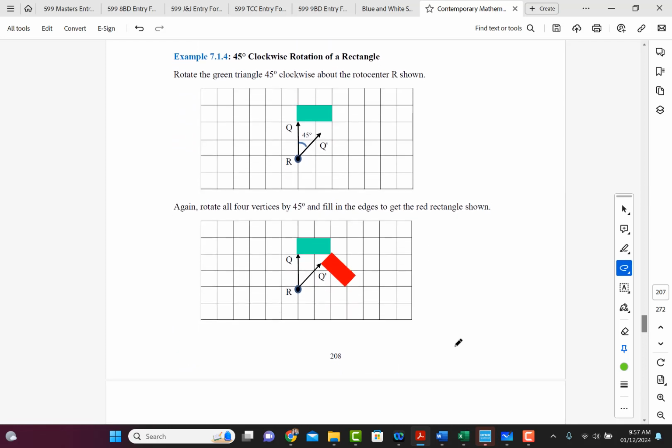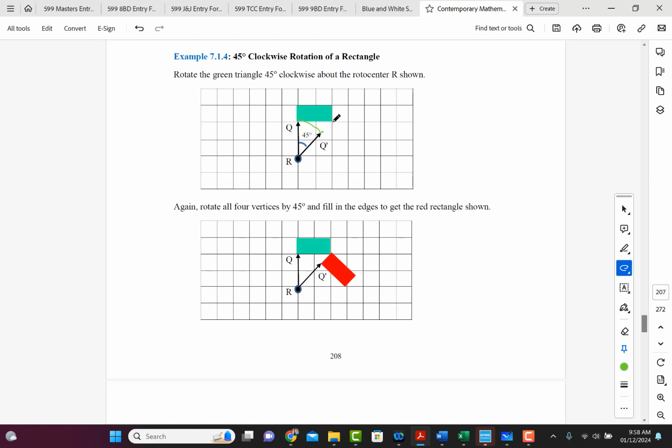Okay, so let's look at another example. Notice this here, a 45-degree angle. Again, we're rotating 45 degrees clockwise around the rotocenter as shown. And so notice that every point moves 45 degrees. So this point moves to here.